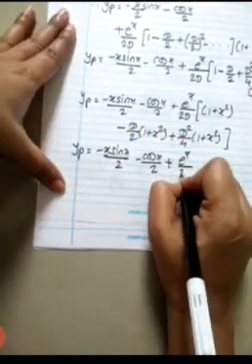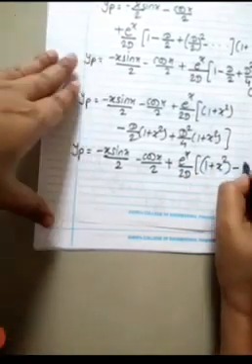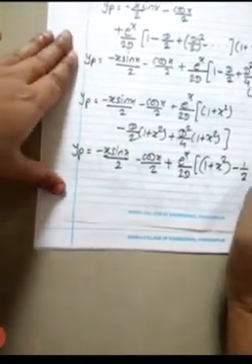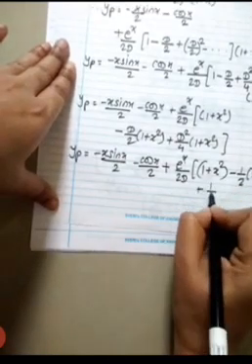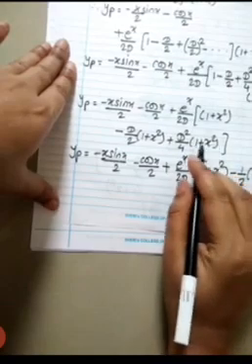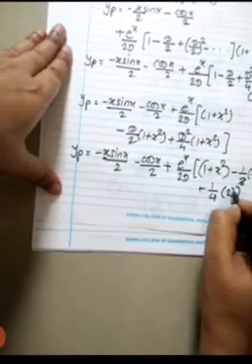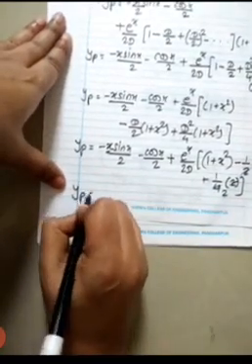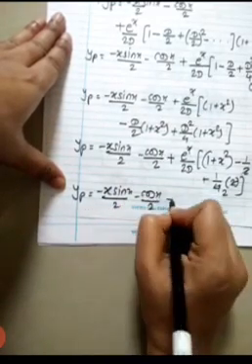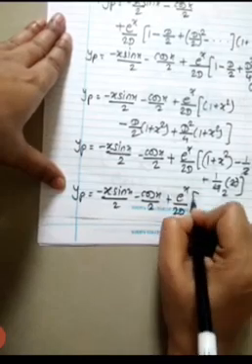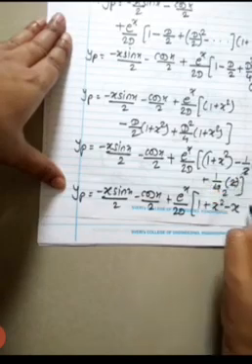So e raised to x by 2d, 1 plus x square, minus 1 by 2 as it is, derivative of 1 is 0, derivative of x square is 2x, plus 1 by 4, double derivative of this term, first derivative is 2x, next is 2. So the 2 here cancels. So yp is minus x sin x by 2 minus cos x by 2 plus e raised to x by 2d, 1 plus x square minus x plus 1 by 2.